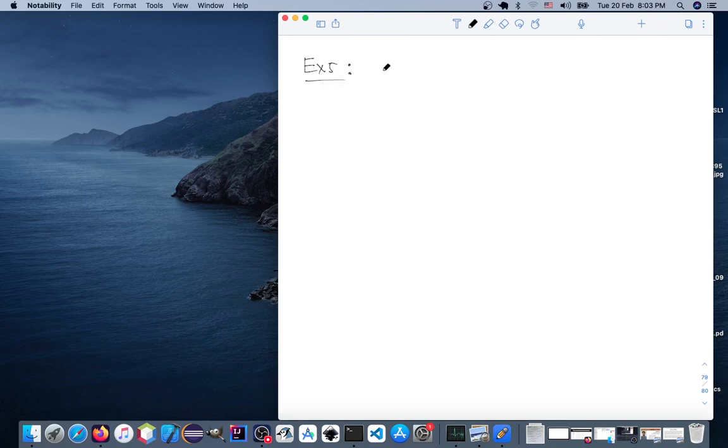The next problem says limit x tending to 2, x cube minus 6x square plus 11x minus 6, divided by x square minus 6x plus 8.